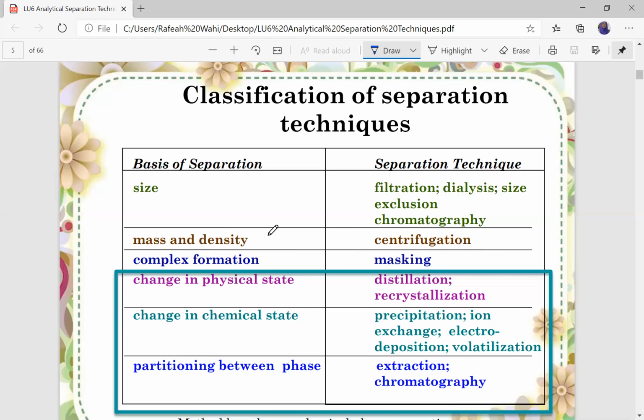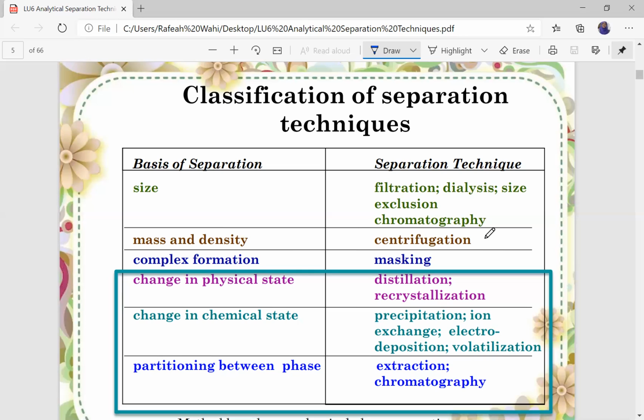So the separation is based on mass and density. And another example of separation technique based on mass and density is centrifugation.